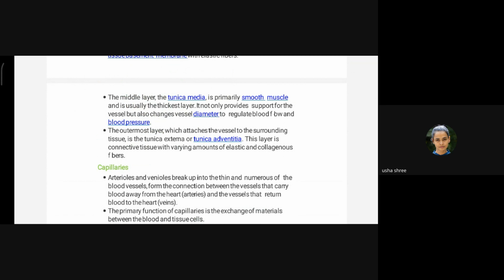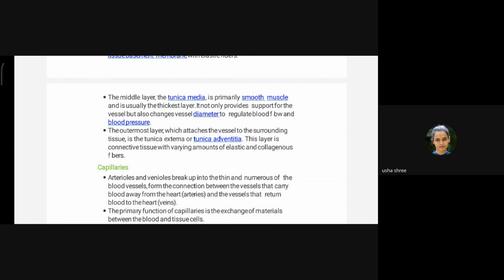This layer is connective tissue with varying amounts of elastic and collagenous fibers. So, the innermost layer is tunica interna, the middle layer is tunica media, and the outer layer is tunica externa.